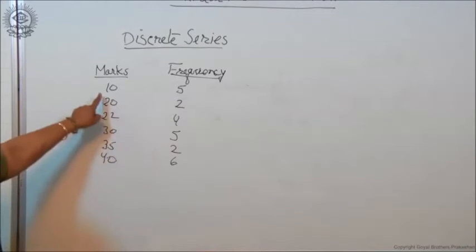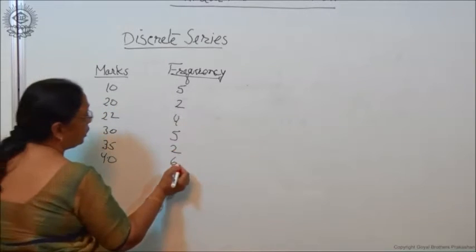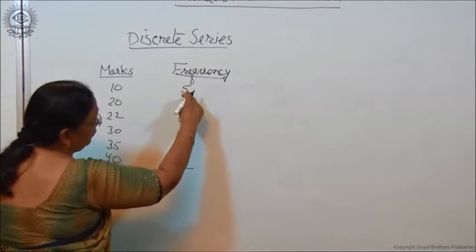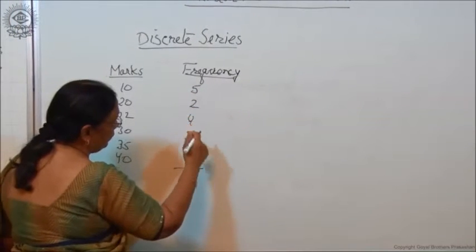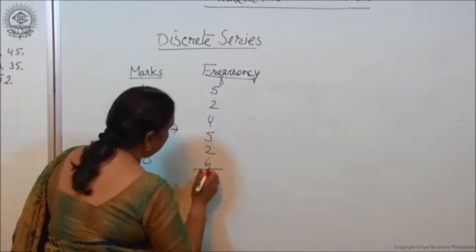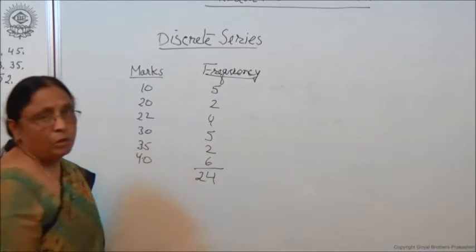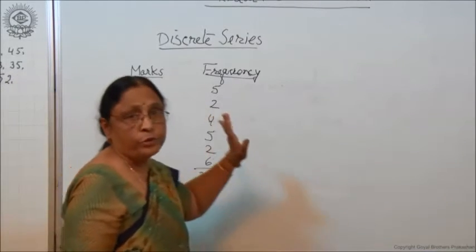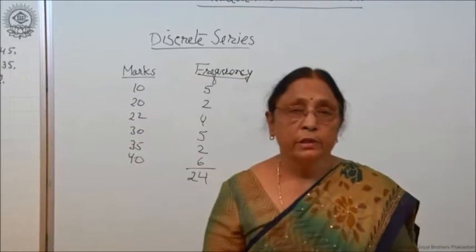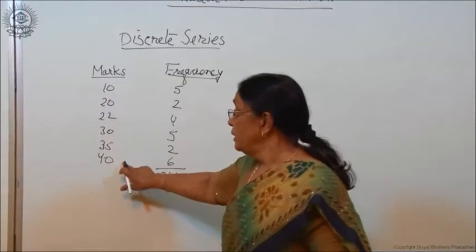So this type of distribution is called discrete series. The total number of students in this case is 5, 7, 11, 16, 18 and 24.